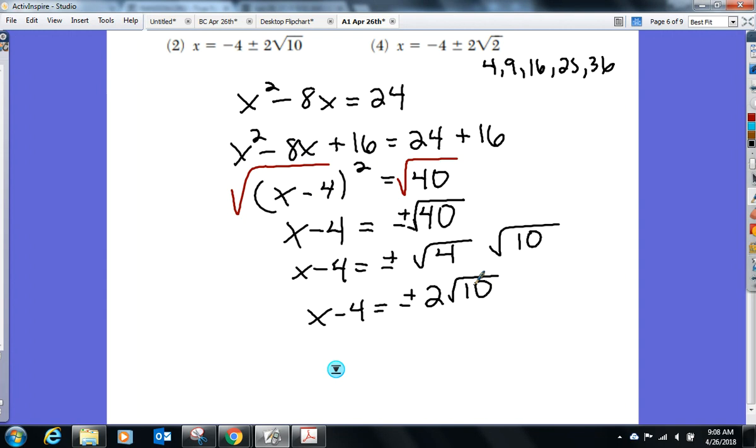So again, we picked the biggest perfect square. I think I went over this the first day we did the regions. Pick the biggest perfect square that goes into 40. That was 4. Times 10, square root of 4 was 2. Now what do you want to do with the 4 to bring it over? Add it, so it'd be positive 4 plus or minus 2 radical 10.